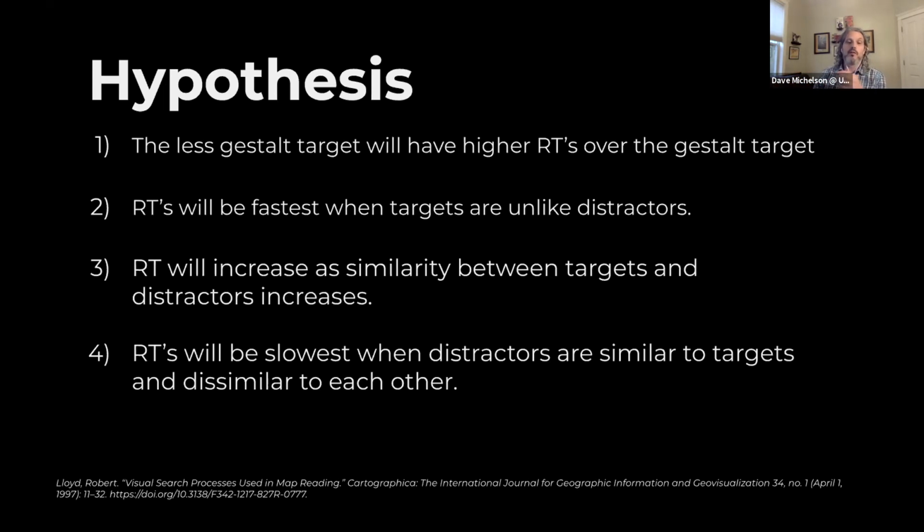I won't read the slides to you because I find reading slides somewhat boring, so you can read them. The thing to note is that the Gestalt target should have the impact, with the fourth one overcoming some of the difficulty, if Gestalt principles are able to affect reaction time.